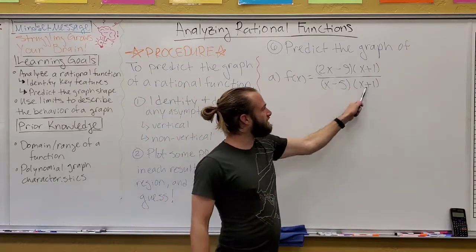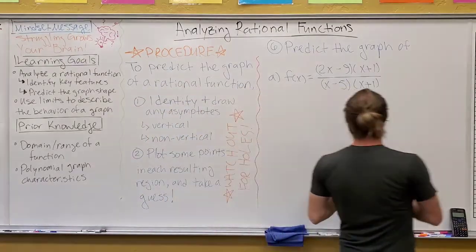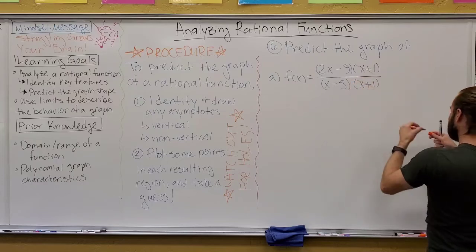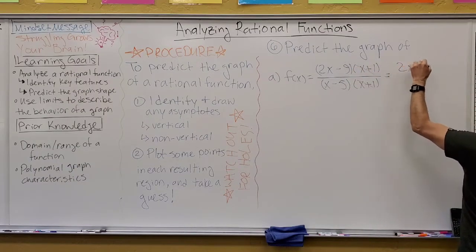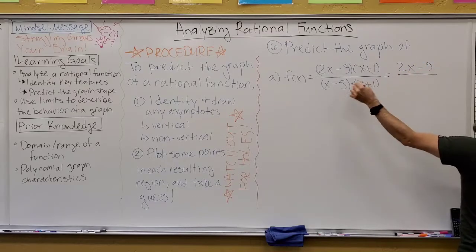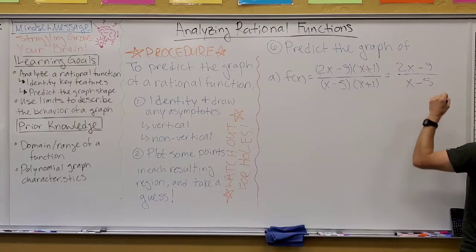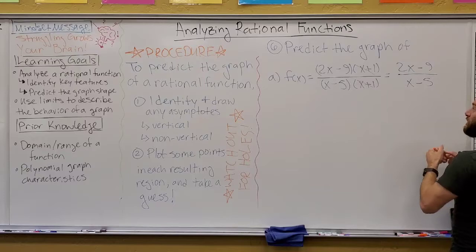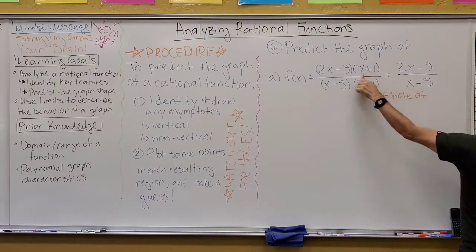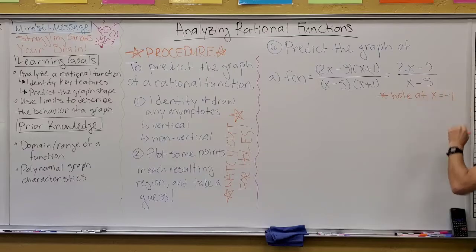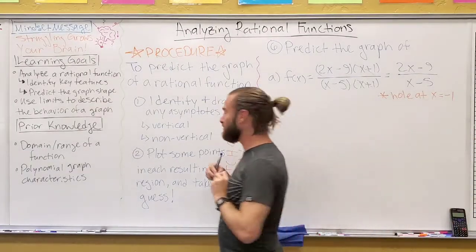And you can see that it does share a common factor on the top and bottom. So since we noticed that cancels out like we learned previously, this means 2x minus 9 over x minus 5. But we have to make a special note here for a moment that there is going to be a hole at x equals -1. So just keep that in mind for the future.